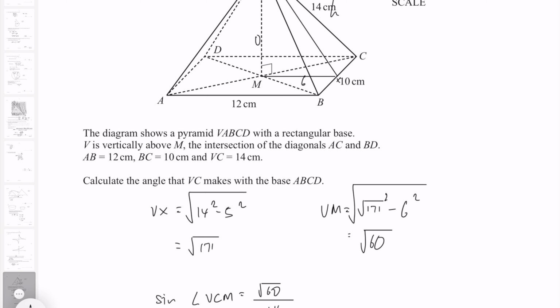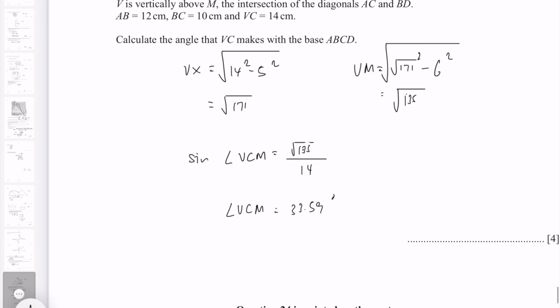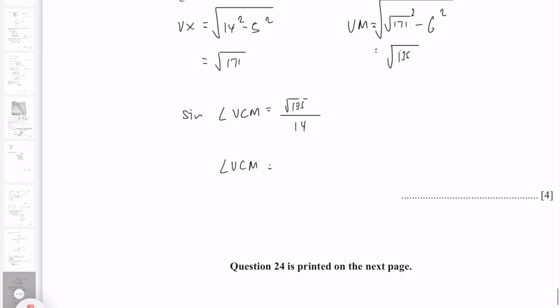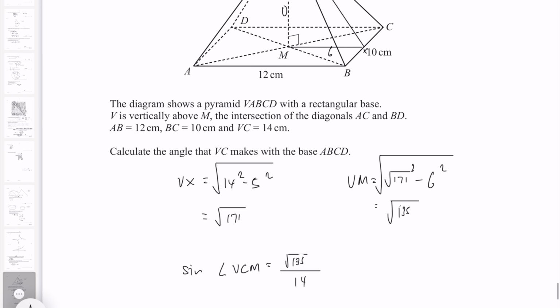Minus 36. This is 135. So this is 135. Square root that, divide 14, inverse of sine, 56.09. Okay, I found the problem. So 56.09. There it is.